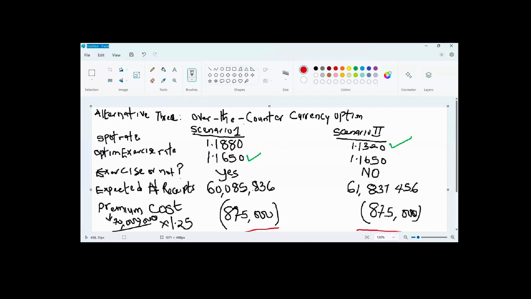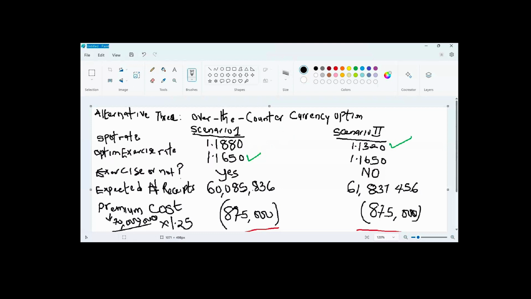Our company is based in Nigeria, we are expecting inflows in foreign currency, Kudi, in 3 months' time. When we get the money in 3 months' time, what are we going to do? We approach our bank. We are going to be selling Kudi to the bank.